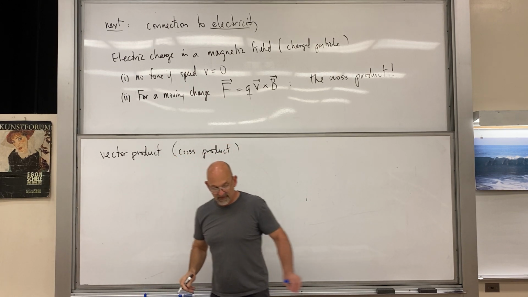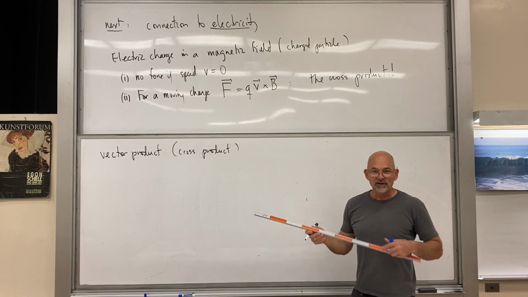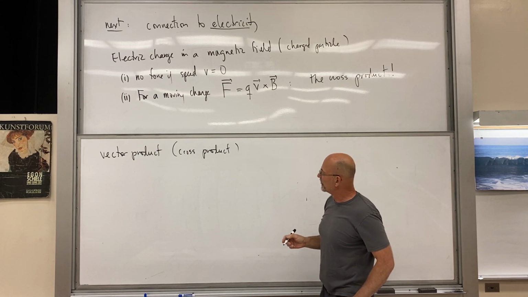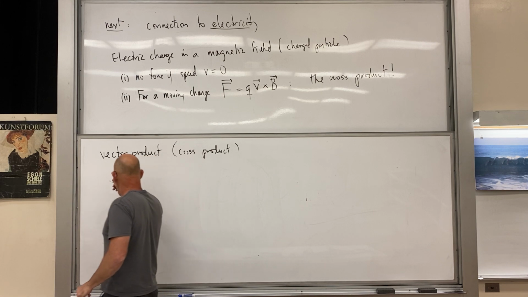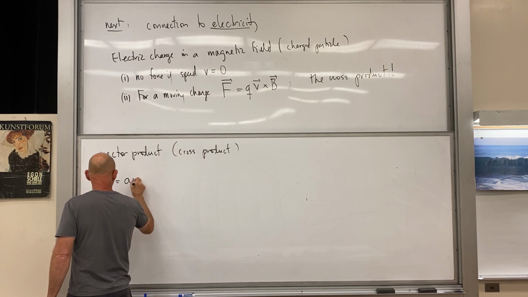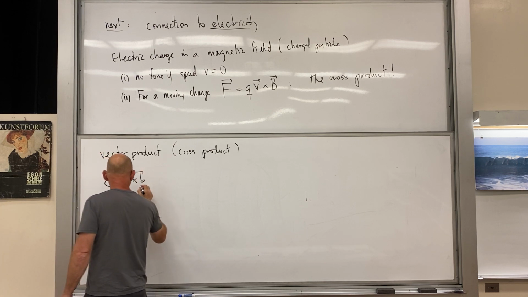Unlike the scalar product, it assigns a vector to two vectors. So let's suppose C is equal to A cross B.